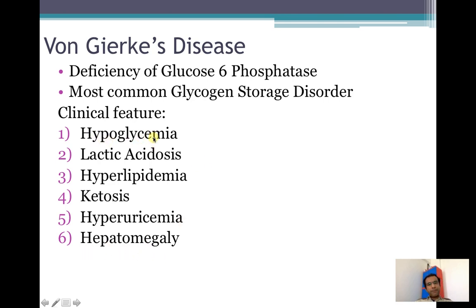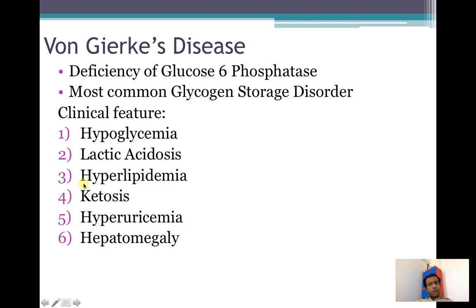Another one is hypoglycemia. Why will there be hypoglycemia? Because free glucose is not available. Okay. If glucose 6-phosphatase is not active, there is no free glucose in the blood. So the patient will become hypoglycemic. Another thing is lactic acidosis. Why? Because if there is more glucose 6-phosphate, it can go through the process of glycolysis, and since there are also chances of anaerobic glycolysis, accumulation of lactate will be there and there will be lactic acidosis.